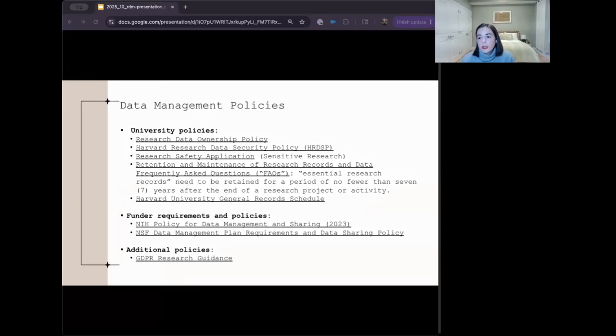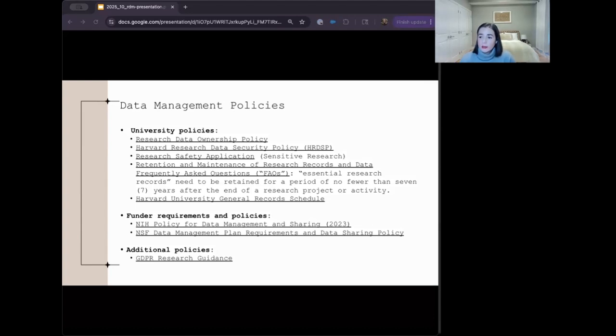So I do recommend that you be cognizant of any existing lab, department, or university policies and procedures related to research data. There are several institutional policies that you should be familiar with. The first of which is the research data ownership policy. The university is the owner of research data produced and analyzed for projects at the university.